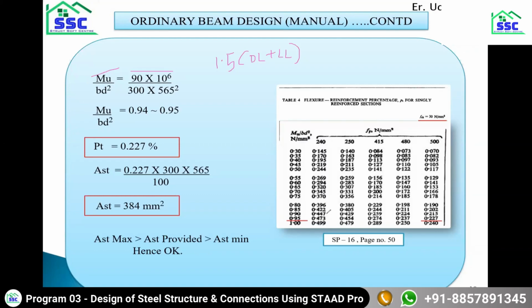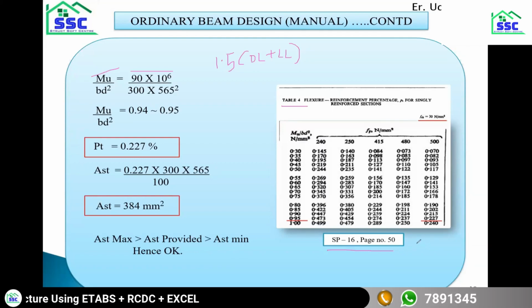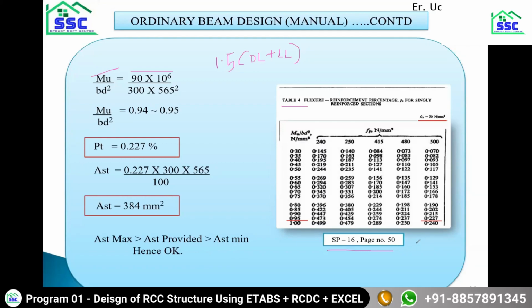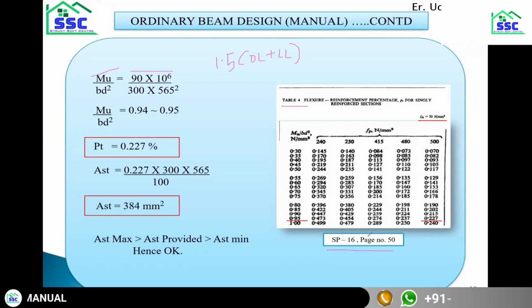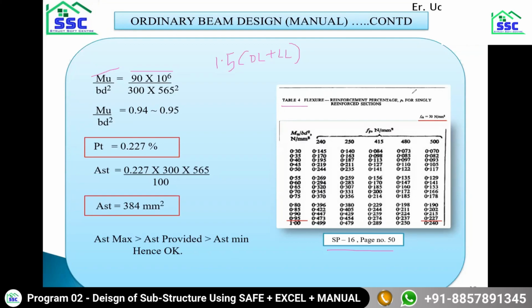Now I'll tell you what we are doing first of all. In order to calculate the area of steel required for our design bending moment, we will use Table 4 of SP16, on page number 50, to calculate the AST required. If you go to page number 50 of SP16, you can find this table which says flexure reinforcement percentage pt for singly reinforced section.